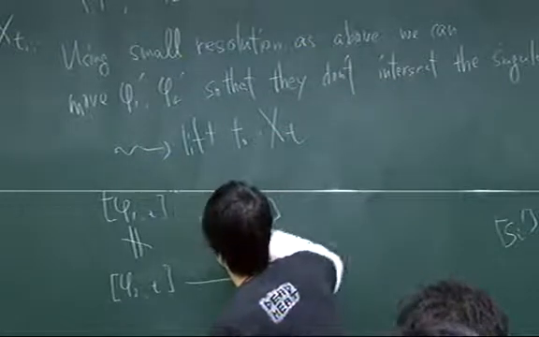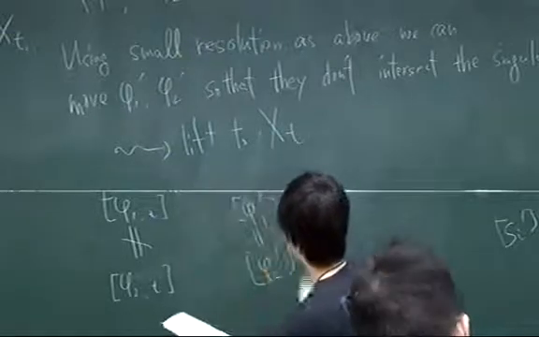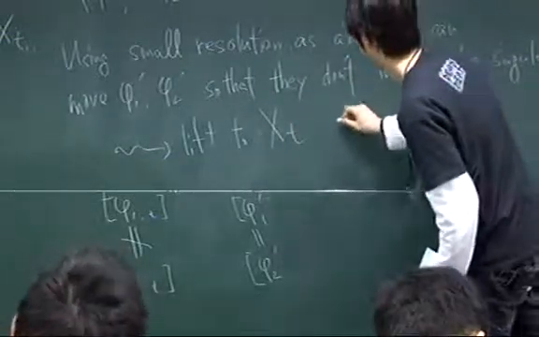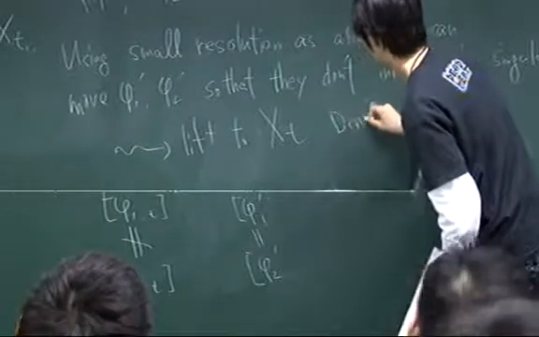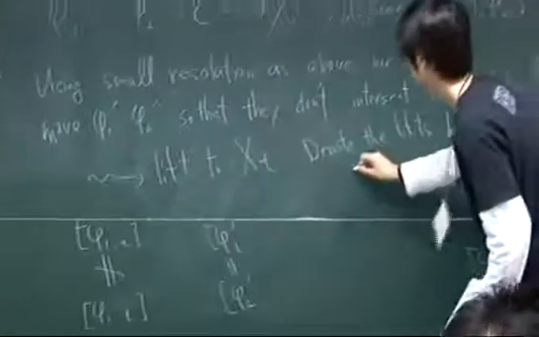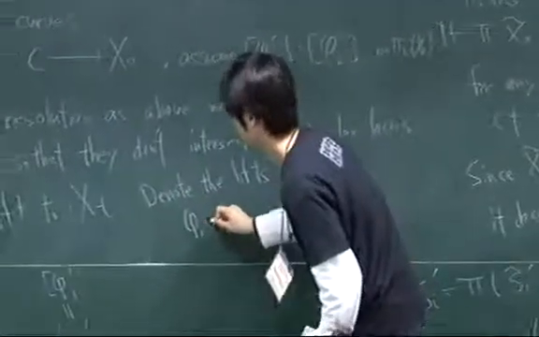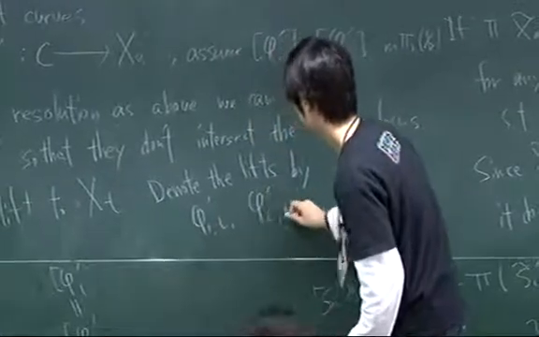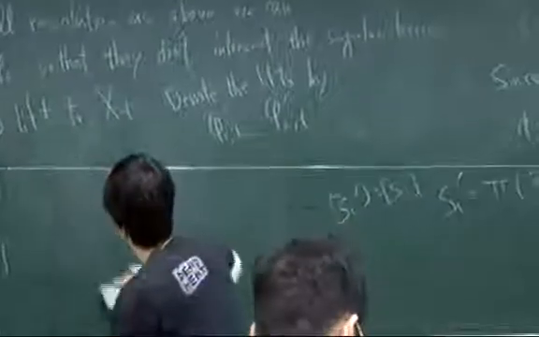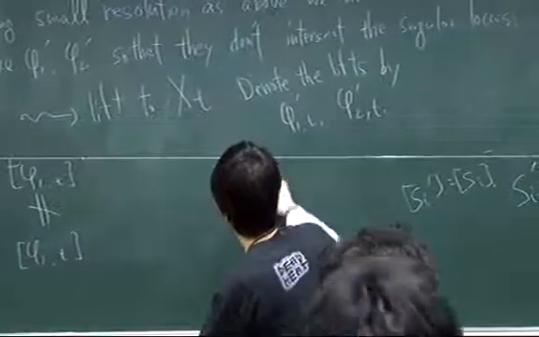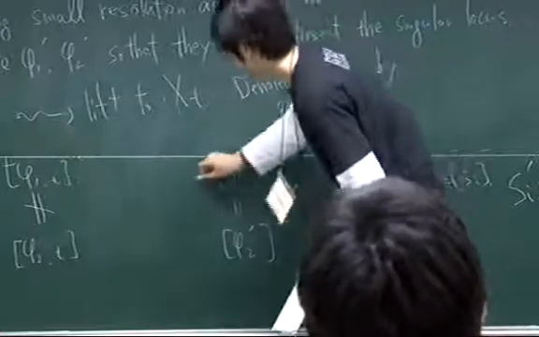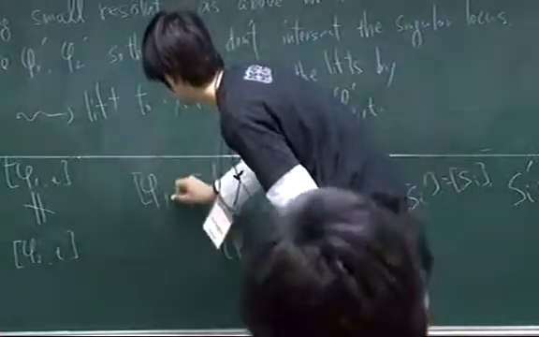We denote the lifts by phi 1 prime, phi 2 prime, and because phi 1 prime and phi 2 prime are assumed to be giving the same homotopy class, the lifts are also giving the same homotopy class.